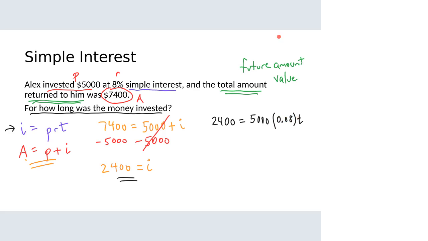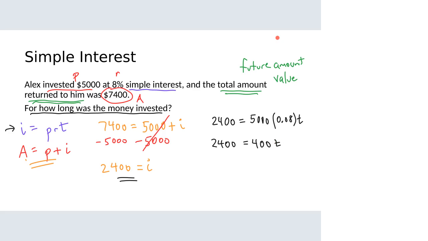Just like we did before, we're going to clean this up a little bit by multiplying those together. So 5,000 times 0.08 is 400. The number doesn't really mean anything by itself. It's just a piece of the puzzle that gets us on the road to figuring out how long it was invested. So that's 400 times T.